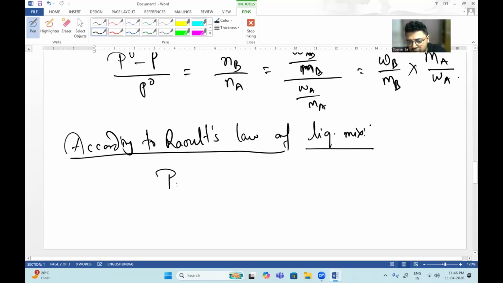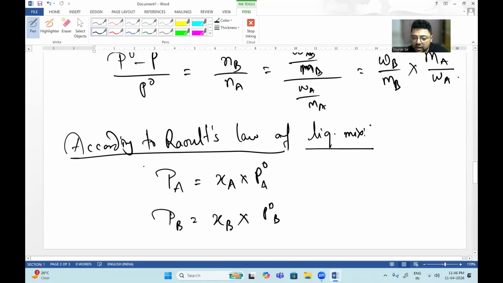It says the partial pressure of A will be the mole fraction of A into the original vapor pressure of pure solvent A, and PB will be equal to XB times P0B.